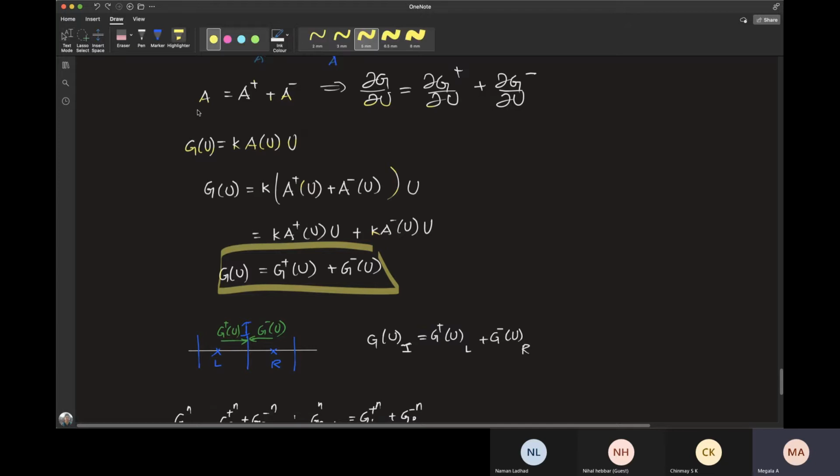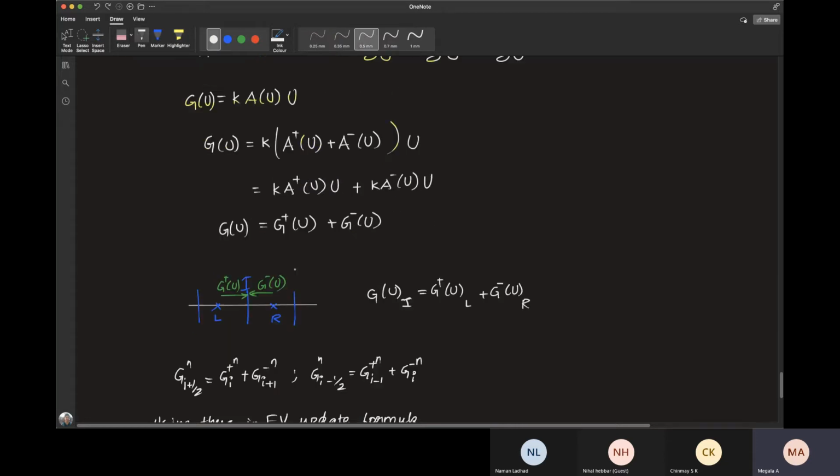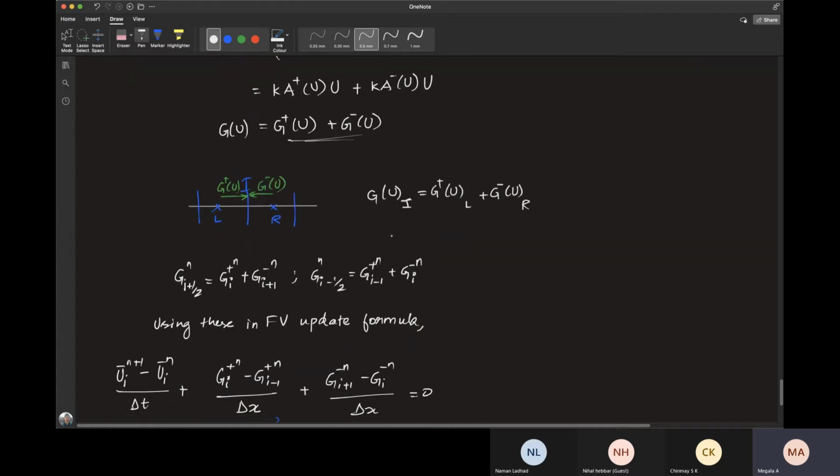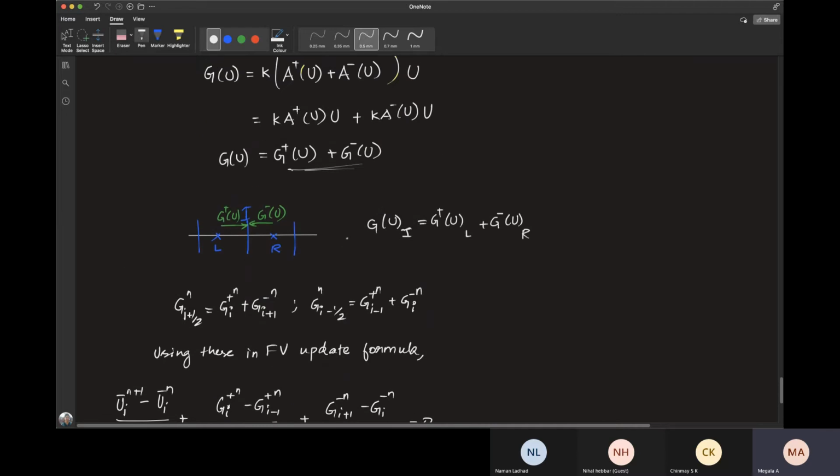So we can go about substituting these in the finite volume update formula. First we need to evaluate the value of flux at the interface, and then we'll use those values at the interfaces in the finite volume update formula. This is the same as what we have seen earlier. If we have some cells, this is one cell and this is another cell.